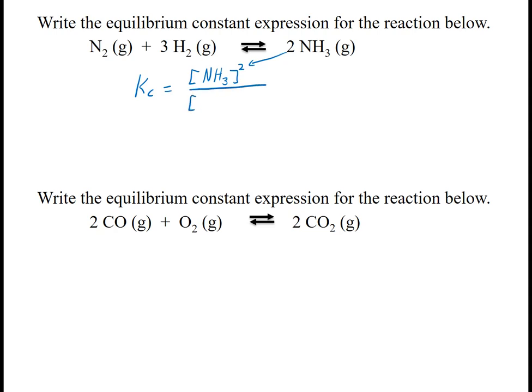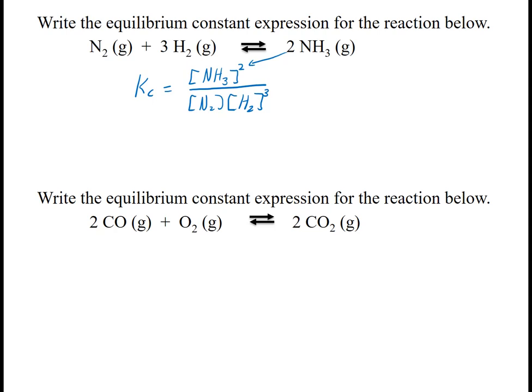I put a bracket for N2. The coefficient there is 1, so I don't need to write a power, times the concentration of H2, and this one's to the 3rd because the coefficient is 3. So whatever the coefficient is becomes the power. I suggest that you stop and try to do the bottom one next.